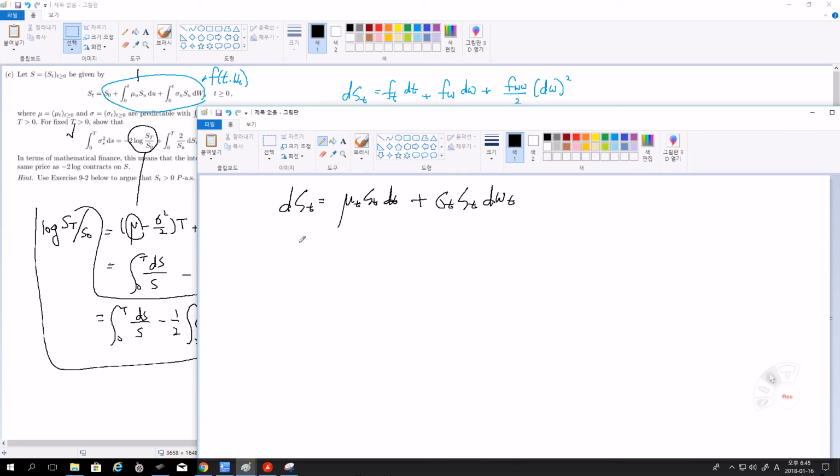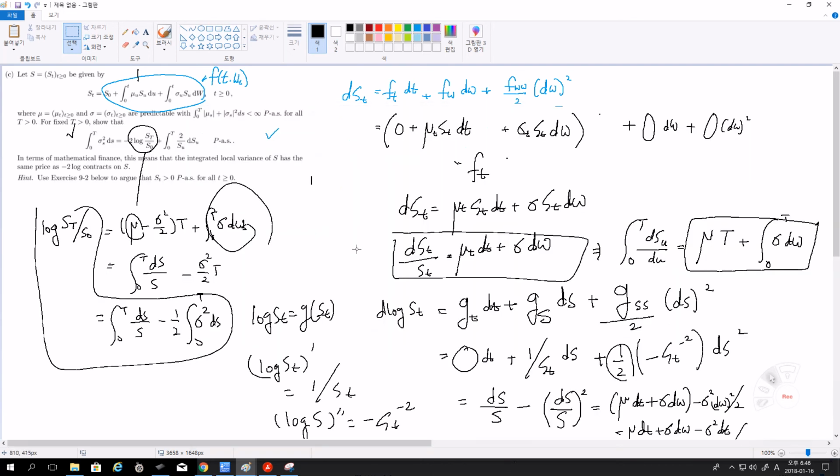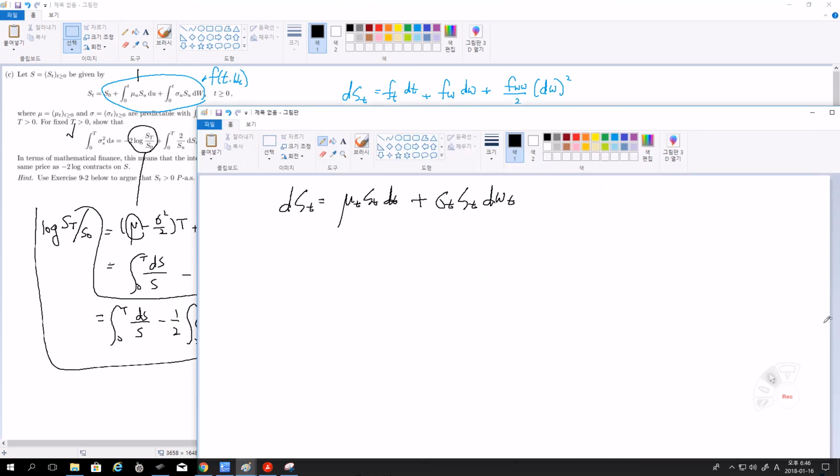And in addition, what I just proved, in the long process over here, is that log S_t equals (μ_t minus σ_t²/2) dt, and then plus σ_t dW_t. And in order to derive this one, I integrate both sides. What I did is I integrate each side.